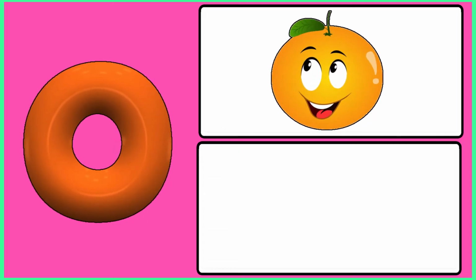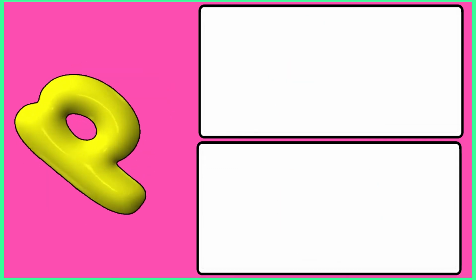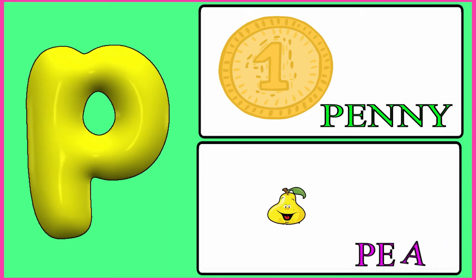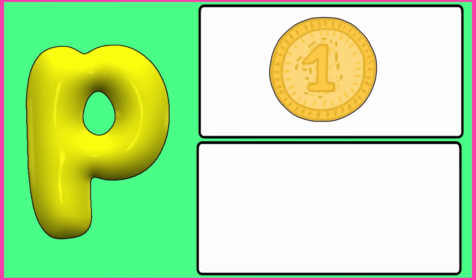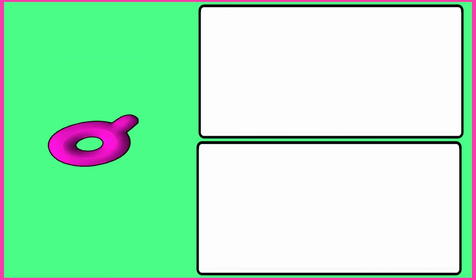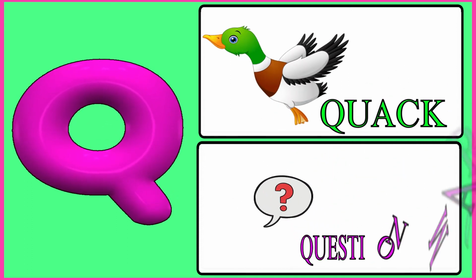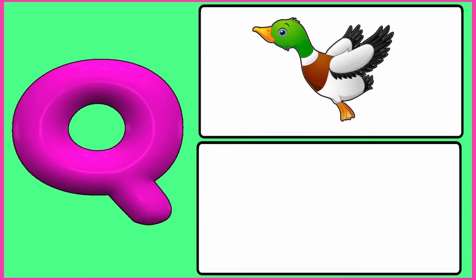P is for penny, penny. P is for pear, pear. Q is for quack, quack. Q is for question mark.